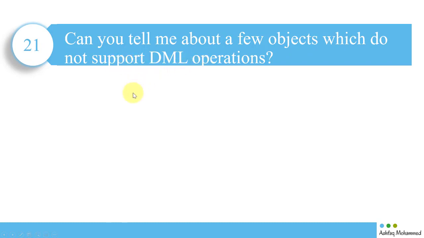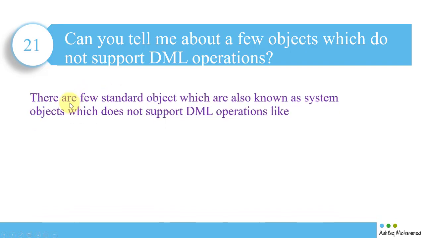Question number 21, can you tell me about a few objects which do not support DML operations? Apart from setup objects and non-setup objects, we have a few objects which don't support DML operations. So what are those? There are a few standard objects, also known as system objects, which do not support DML operations, like business hours. You cannot do a DML operation on it, right? And you cannot do it on business process.